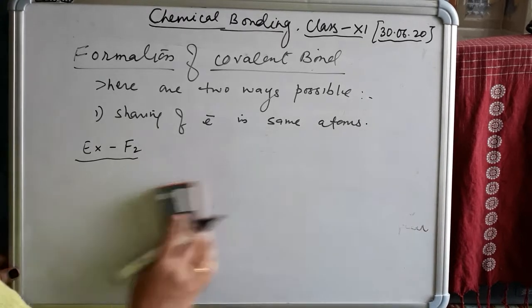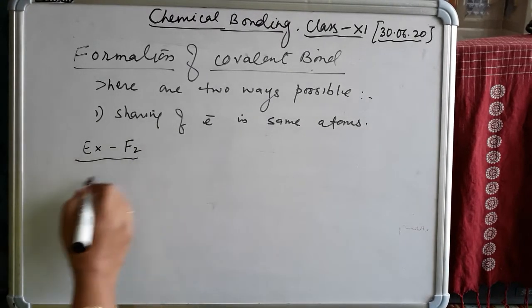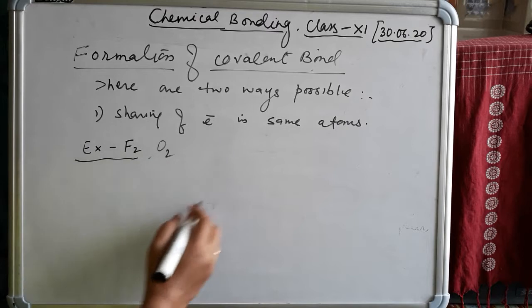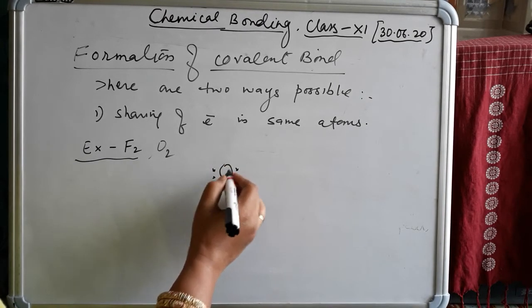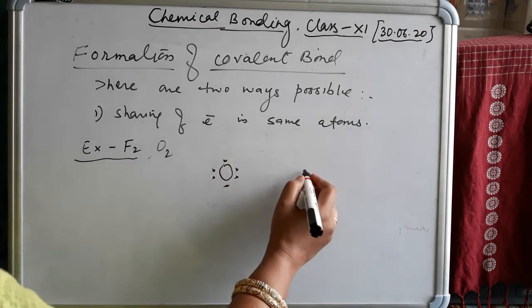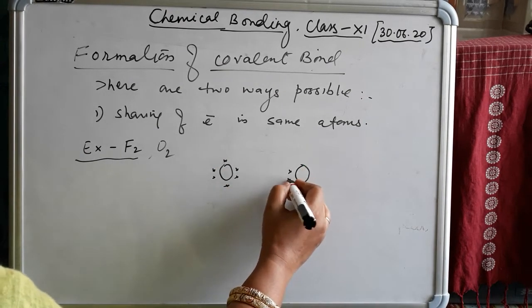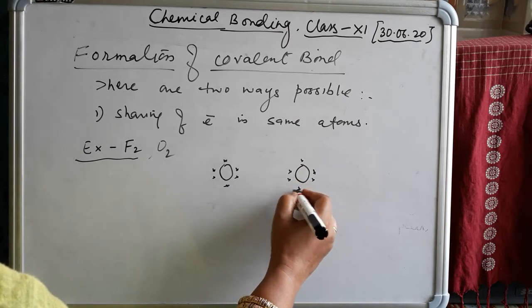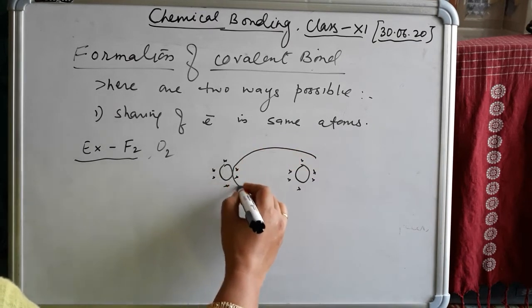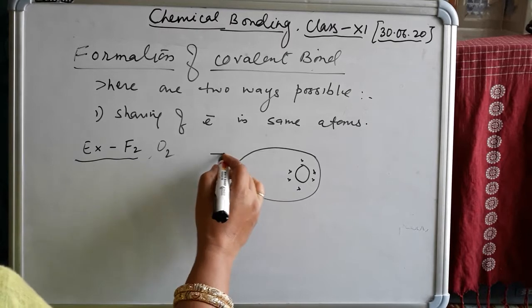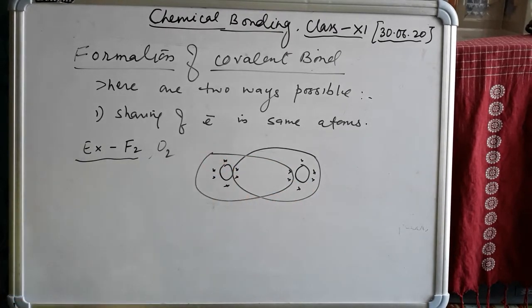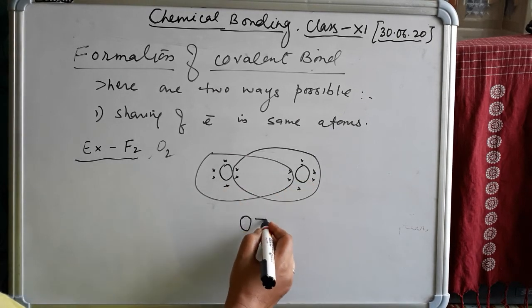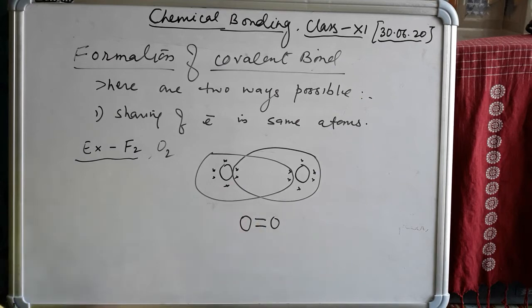In the same atom, suppose we take another example, oxygen. At first write the valence electrons, 6 and 6. By taking these two electrons, each completes its octet, with mutual sharing of electrons. So a double bond forms between the oxygen atoms.